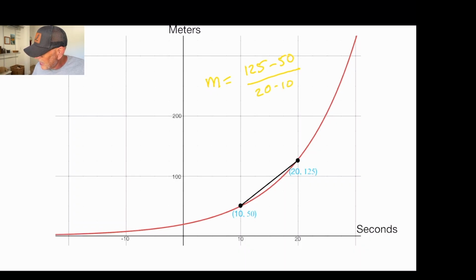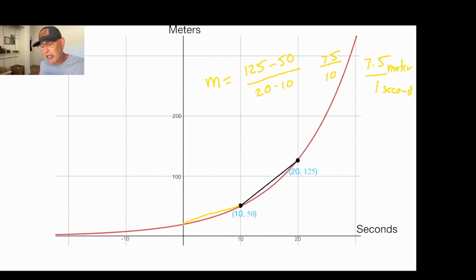If I simplify that, we have 75 on top of 10, and let's write that as 7.5 over 1, a unit rate. Now if we place our labels this time, we have meters on top and seconds on bottom. So this time, our average rate of change is 7.5 meters per second. If you compare this slope with the previous one, you can see that the slope is steeper, so it makes sense. We're covering more ground, so we need to move faster.